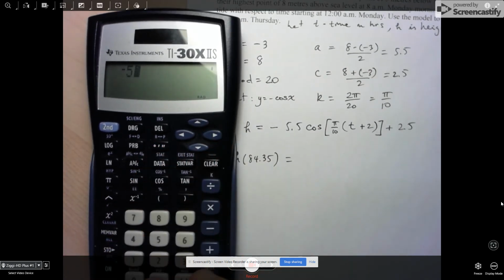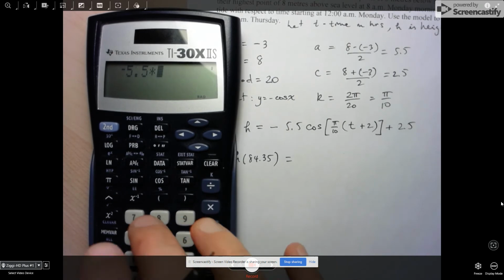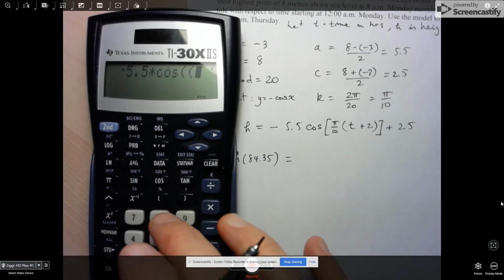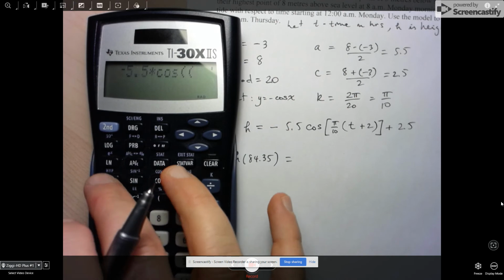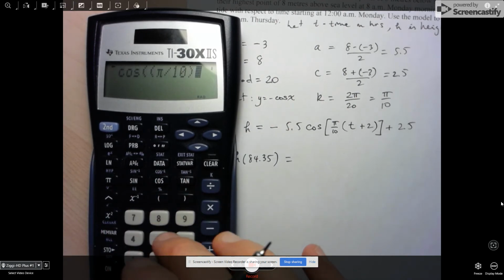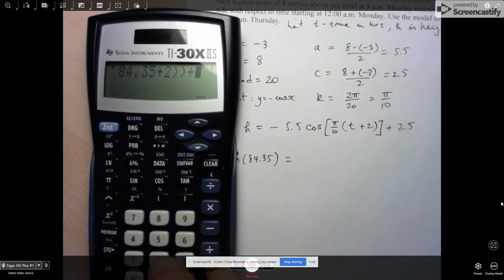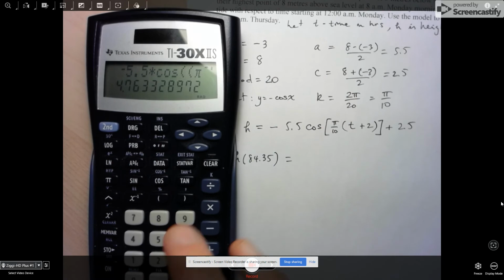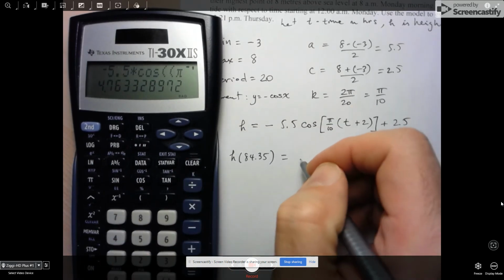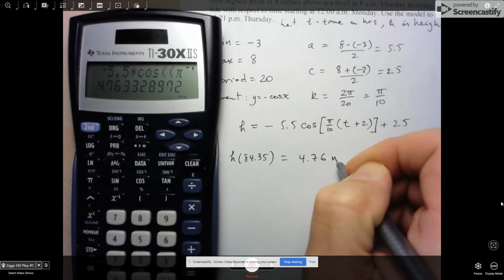So we have negative 5.5 times cos of pi over 10 times 84.35 plus 2, and then plus 2.5, and there you go, 4.76 meters.